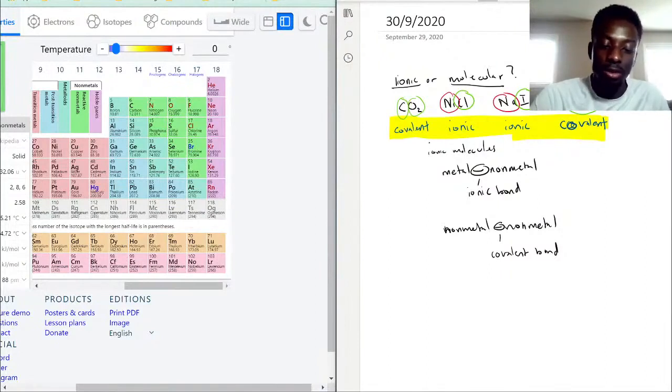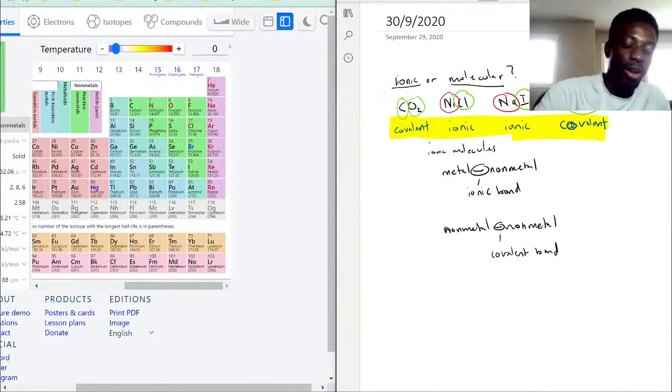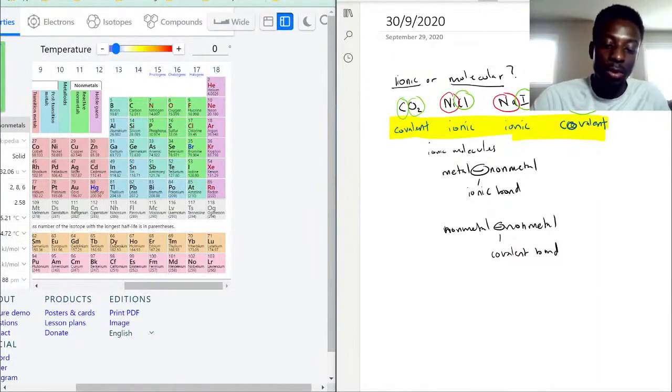Now this is just for extra information, but as you notice when I was calling out their names, these two are nickel chloride and sodium iodide, but these covalent ones are called carbon dioxide and phosphorus trichloride. When it comes to covalent bonds, they usually reflect whether there are multiple of them in their name.